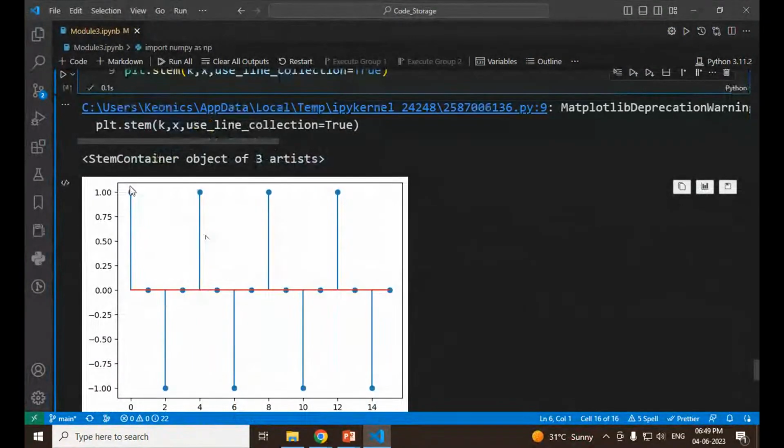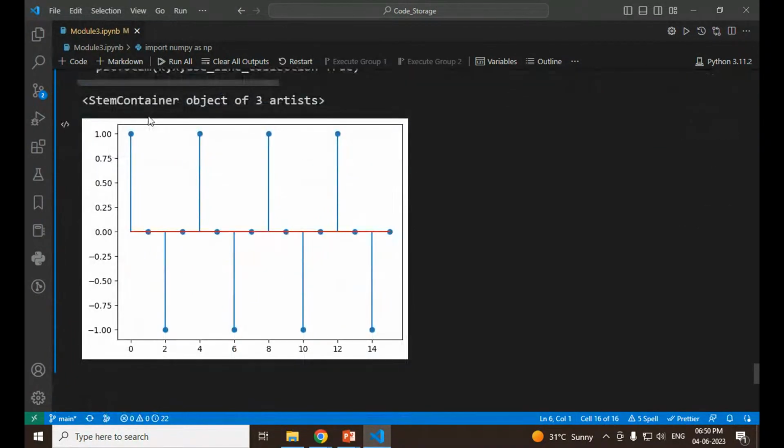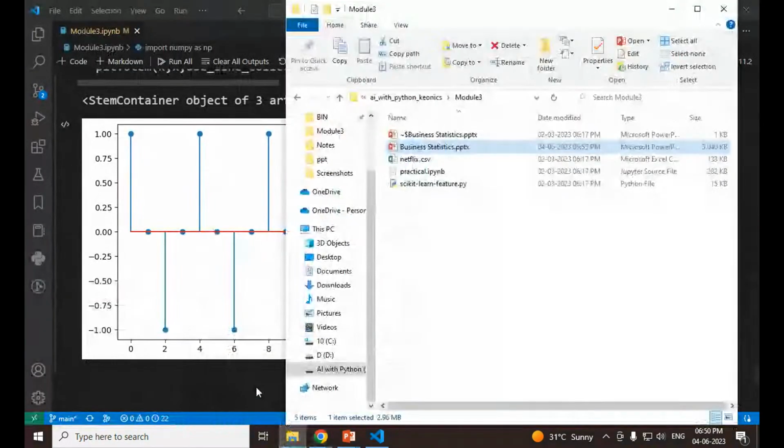Here we cannot show you how the points are in between because we don't have the floating point values here. We just have exact values. This is 1, this is 0, this is -1. If we had the floating point values also available for us to plot, then we would have developed the whole wave here. To do that, we have a different program. We did that. Let us take the program.